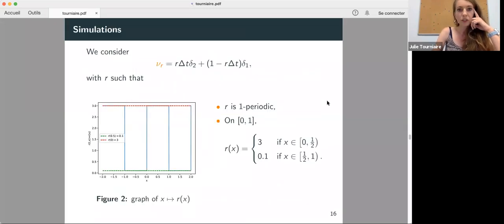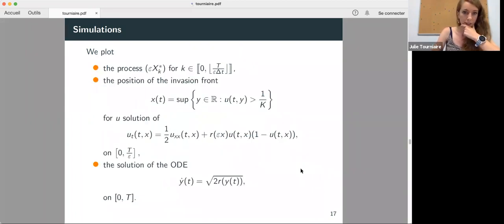Again, we consider this simple reproduction law for a function r that is 1 periodic and a step function, taking high values on 0, 1 half, and low values on 1 half, 1.